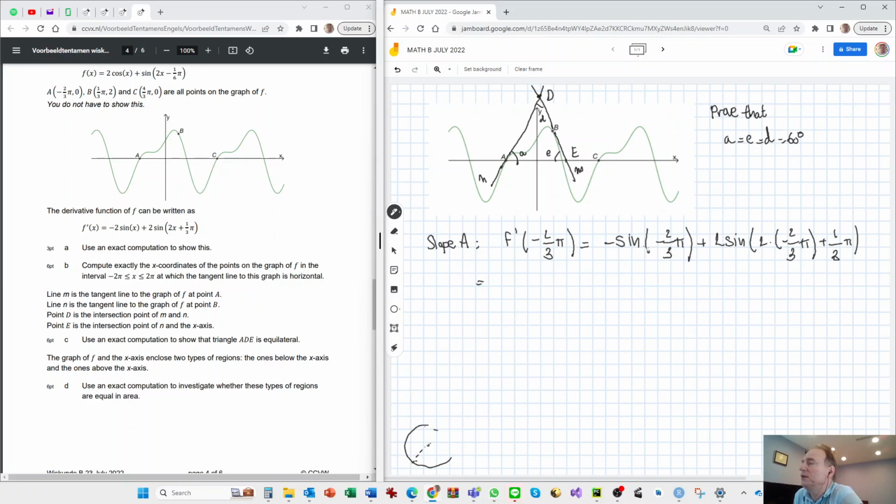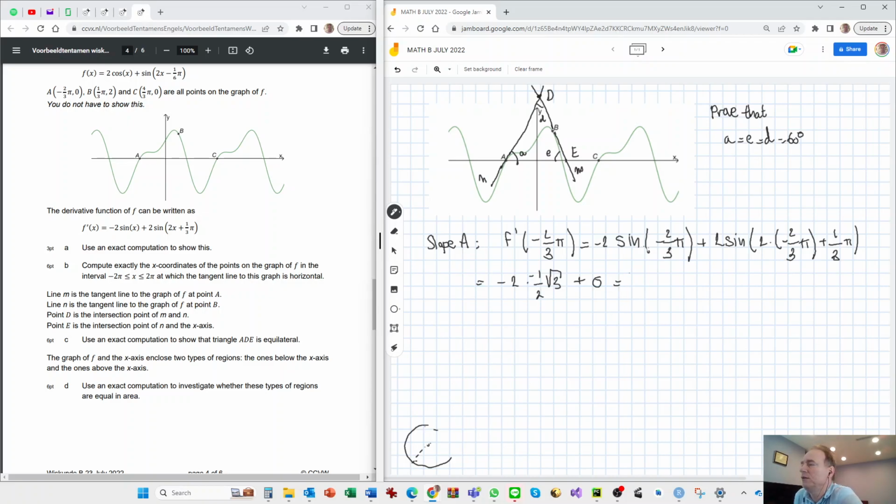Oh, wait, there is a 2 here. Minus 2 times 1/2 square root of 3 plus this minus 4 over 3 pi plus 1/3 is minus pi. The sine of minus pi is 0. So wait, this is negative 1/2 of square root of 3.